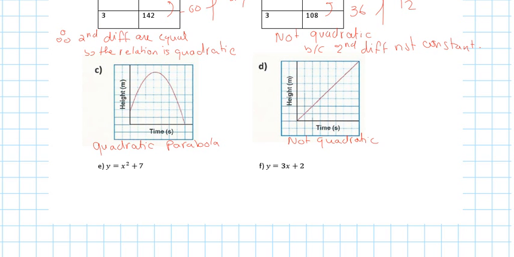And if you look at the equations, the first one is quadratic, and I know that because of the degree 2. And this is not quadratic, it's linear. That's a degree 1. Okay, this is the easy part, no?